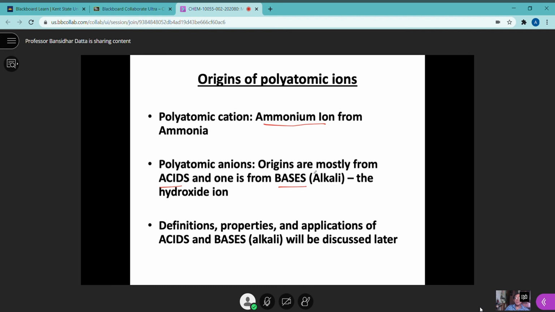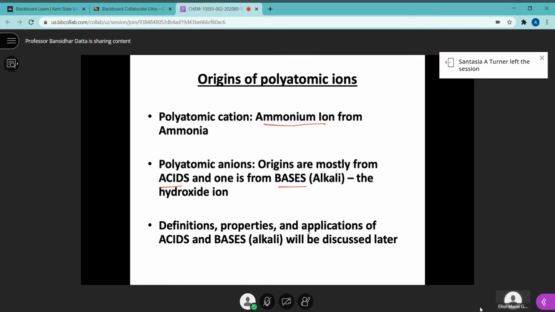The rest of them came from corresponding acids: nitrous acid, nitric acid, sulfuric acid, phosphoric acid, carbonic acid, all those acids, right? That's the origin of the polyatomic anions. We'll talk about acids and bases down the road very soon. Just hang in there. I'm going to move on, is that okay?